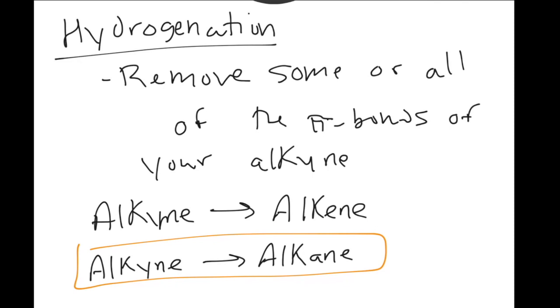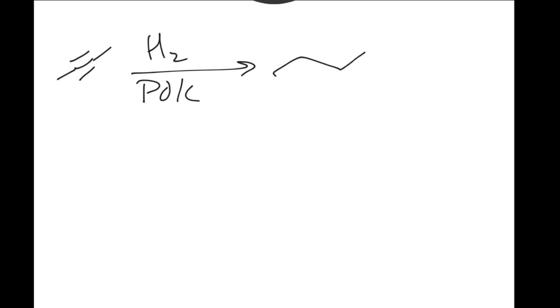So this is basically using the same reaction that we used for turning an alkene into an alkane. So just like H2, palladium on carbon, is going to remove all of your pi bonds, and you're just going to end up making an alkane.